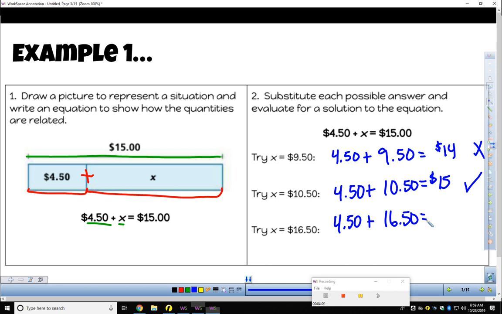I'm going to add it just to show you what I mean, but hopefully you see that this one is definitely wrong. But 50 cents and 50 cents is $1, plus 16 is 17, plus 4 is $21, and that one is also wrong, which means that this is our solution.